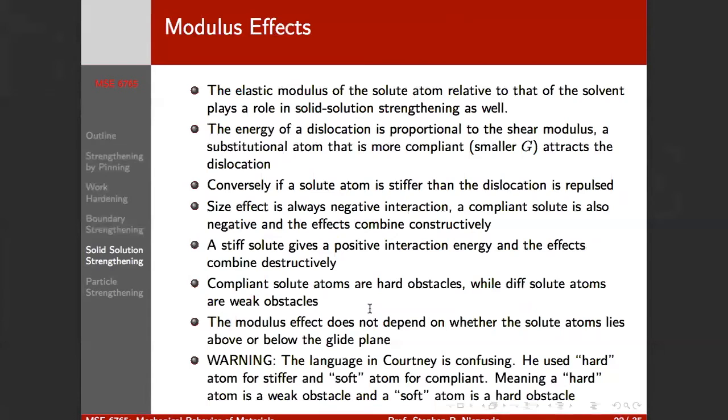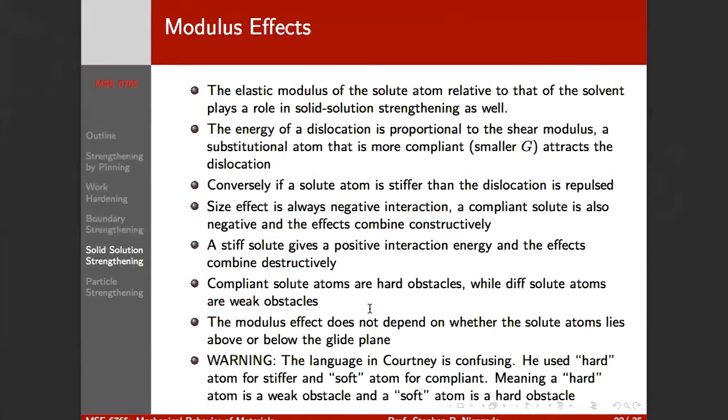So if a substitutional atom is more compliant, we are going to be attractive, right? If the substitutional solute atom is stiffer, the dislocation is repulsed. So just a warning, the reading is confusing. He says hard and soft, meaning more and less compliant.